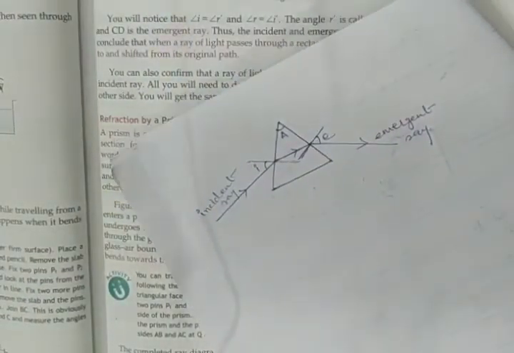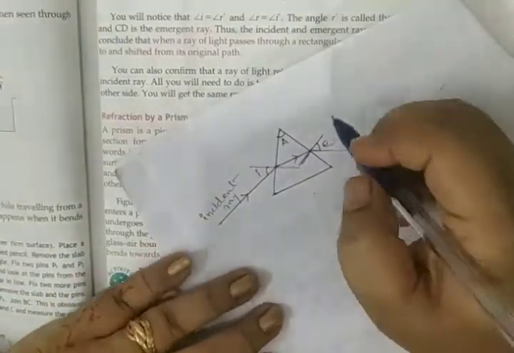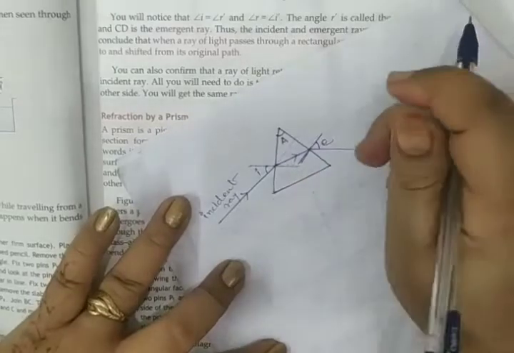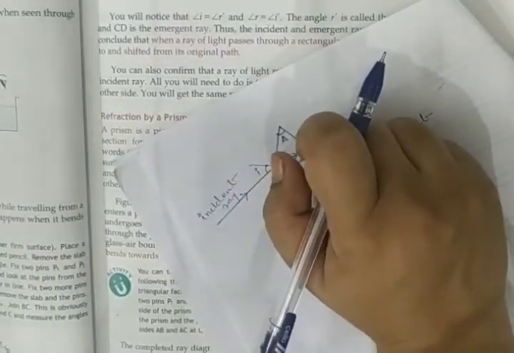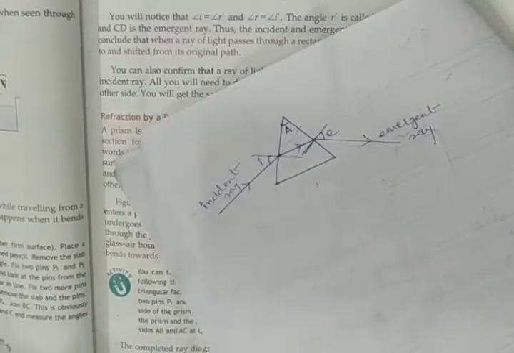Okay, now if you produce these two rays, the incident ray and the emergent ray, see, whenever I say produce these two rays, that means you will simply put the scale on this ray. Let me show you.